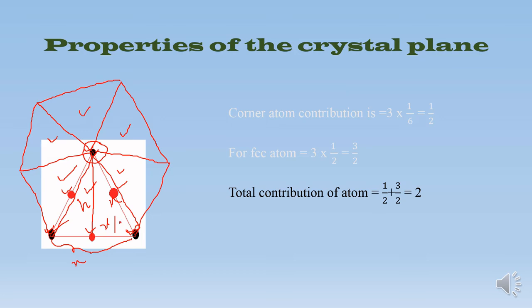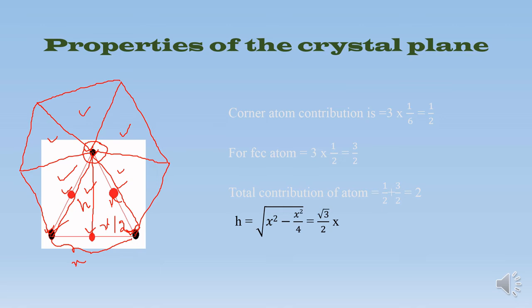So, what is the value of h? That is, h equal to root over x square minus x square by 4, equal to root 3 by 2 x. I have half base, so the area is half into base into height, half into x into root 3 by 2 x, that is equal to root 3 by 4 x square. Here x is actually root 2 a.